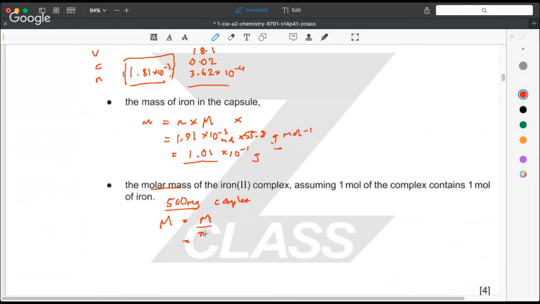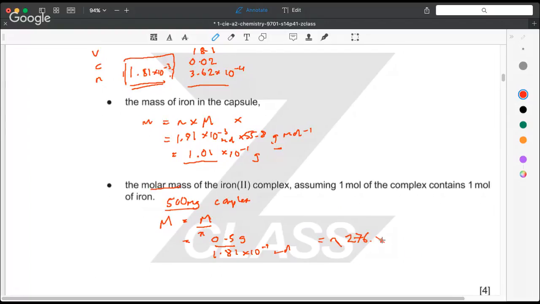So 500 milligrams is the same as 0.5 grams, and we're dividing it by the number of moles, which is what we calculated up there, 1.81 times 10 to the minus 3. That's in units of moles, and that gives us an answer of 276.2, and you can see the units here are grams per mole.